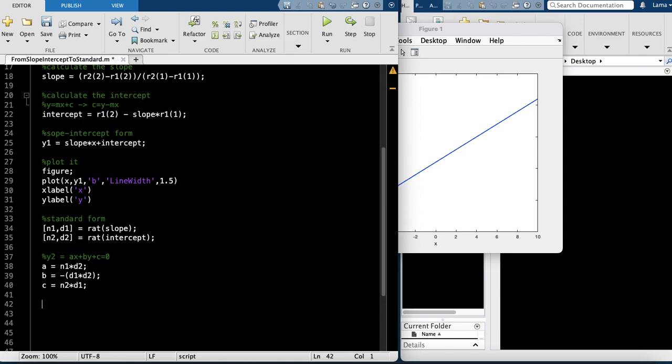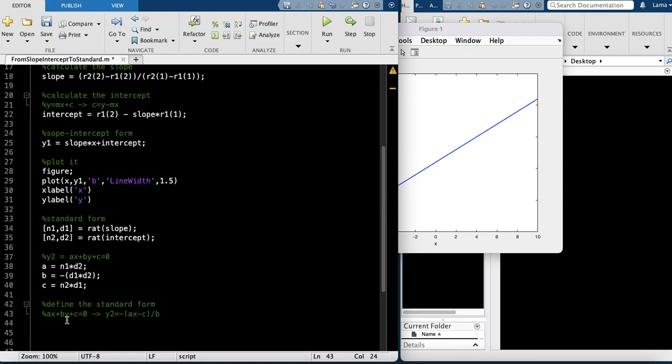Okay, now let's define the standard form. So I know that ax plus by plus c equals 0. I think I can write this as y2, so this is the standard form, ax plus by plus c. So y2 here, I can say that it's minus over b, so minus a x minus c.